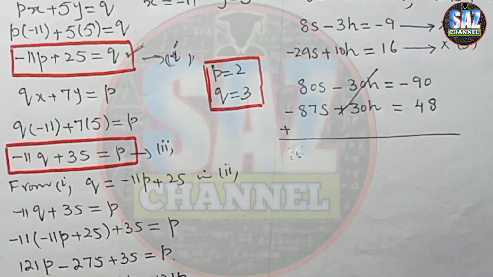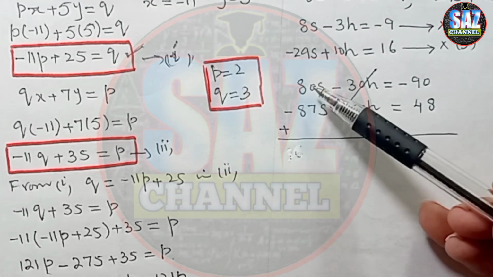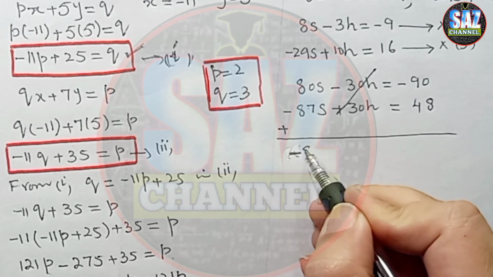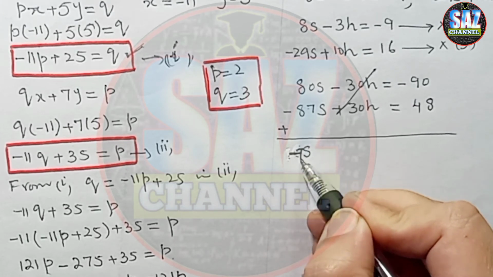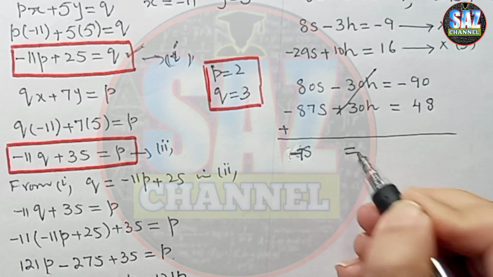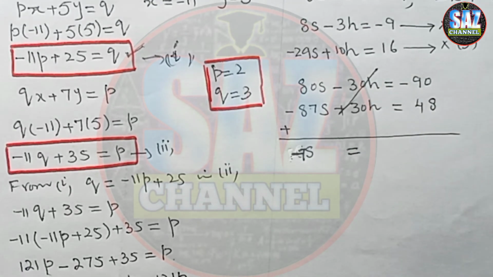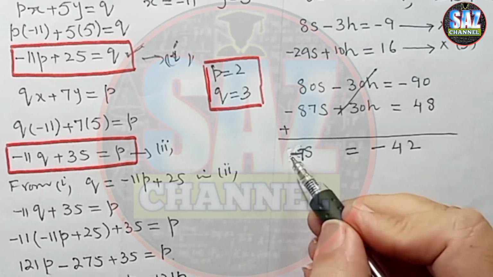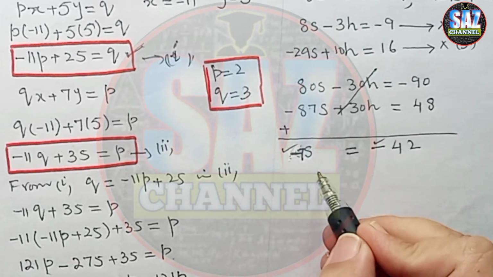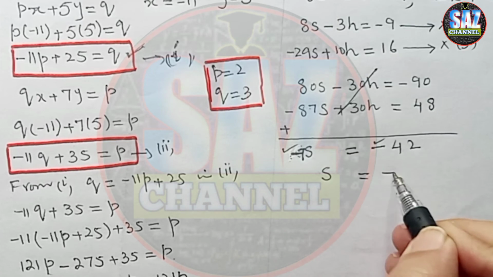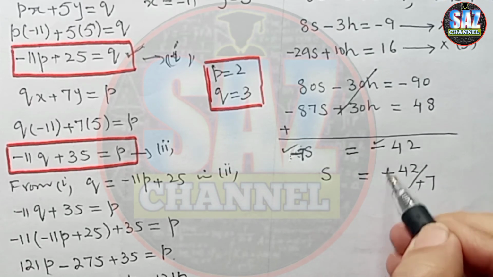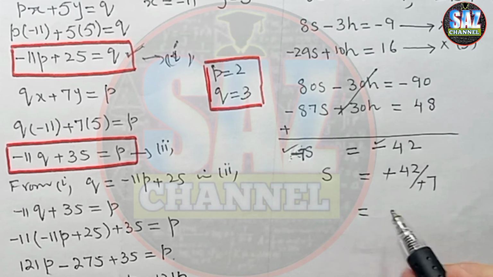Adding both the equations, 80 minus 87 will give me minus 7s equals 90 minus 48, that is minus 42, because 90 is big. Minus sign will go with minus sign, and I will be left with s equals minus 42 by minus 7. Minus 7 will be removed, and now this is 7.